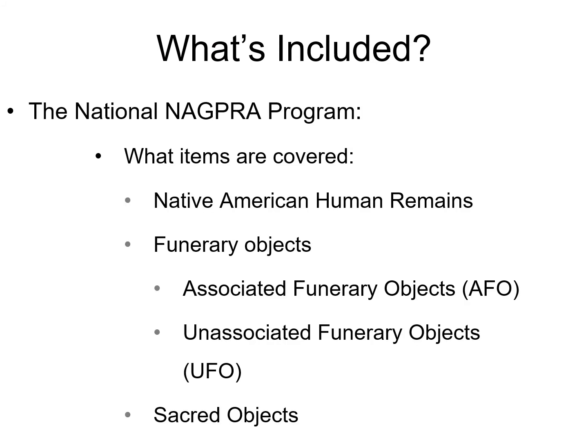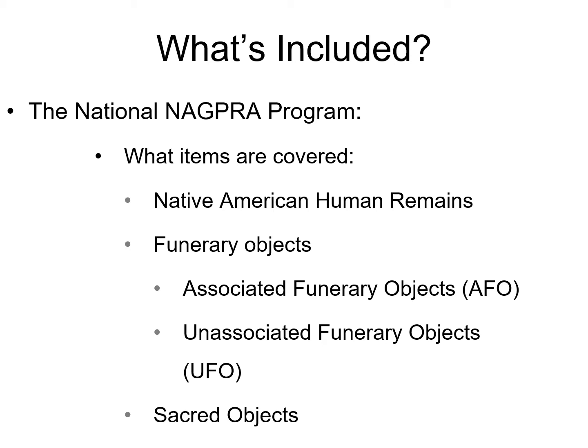So what items are covered under NAGPRA legislation? Well, we have Native American human remains, of course. It's actually in the title. But we also have funerary objects, and there are a couple different categories of those. You have associated funerary objects, which are objects that are found in direct association with the individual, with the burial.